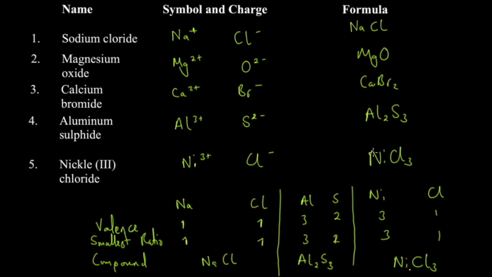So I hope that you understood what we're talking about here. What you're supposed to commit to mind is simply writing the cations and the anions, writing these ions here. It's very important. And then you're also supposed to be mindful, you're looking for the smallest ratio.